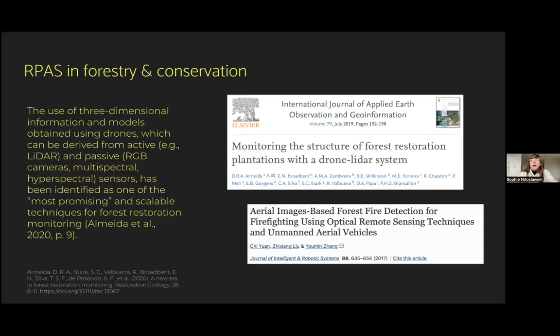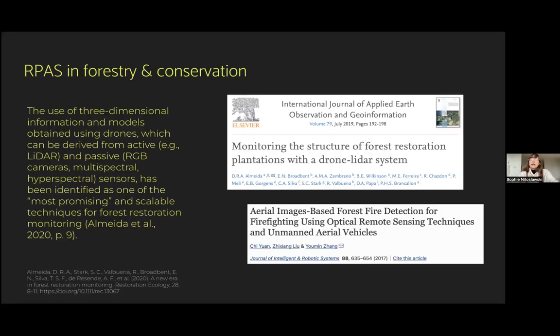And then how can we monitor that in a more efficient and higher resolution way, in a way that allows us to make data-driven and informed decisions. Drones have been used to inventory a forest, so get at exactly what that forest comprises from a species perspective, from a size perspective, et cetera. It's also been used for forest fire detection, which is really interesting.